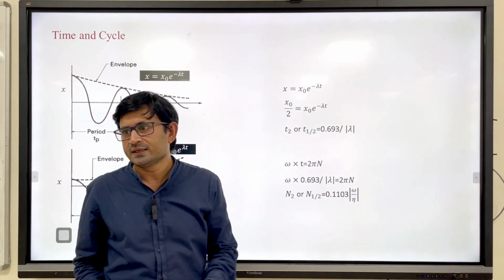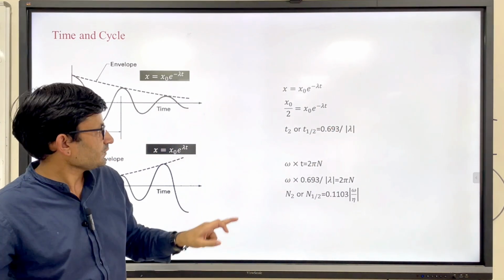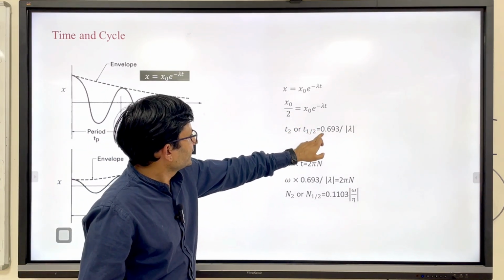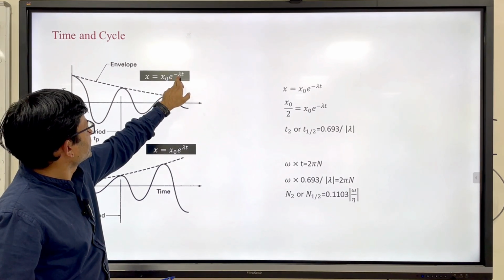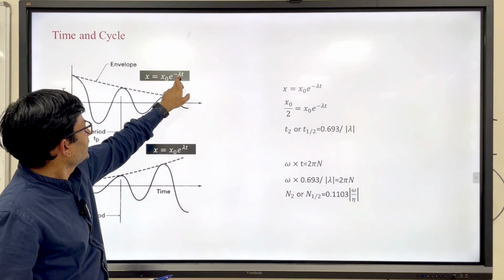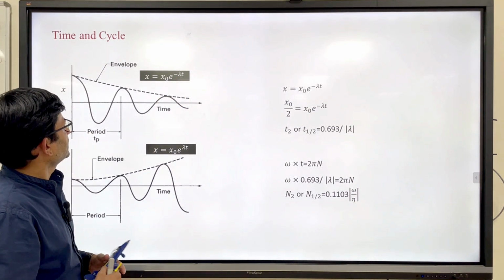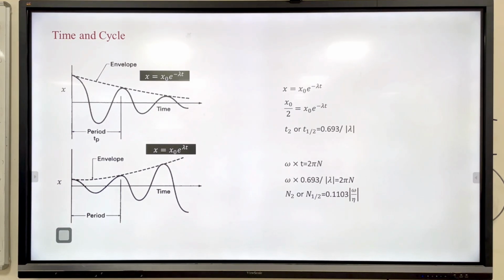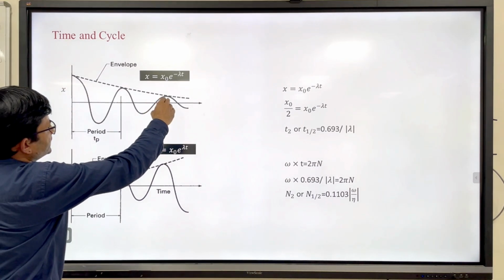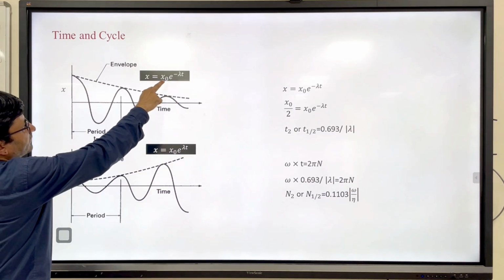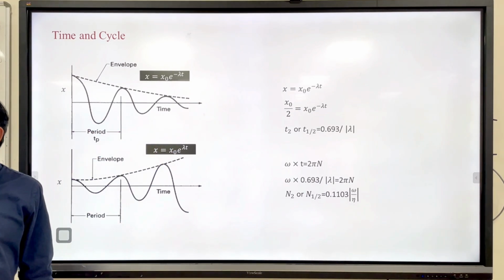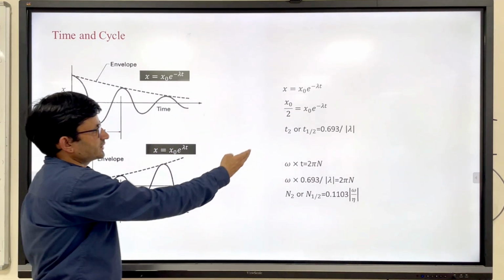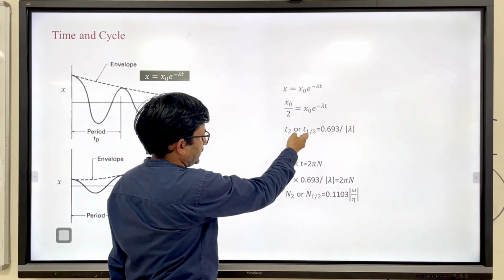If lambda is positive, e to the power minus lambda t is converging, and if lambda is negative, the minus sign will become a plus, and you have a diverging case. Okay, so similarly this t half and t double you can derive.